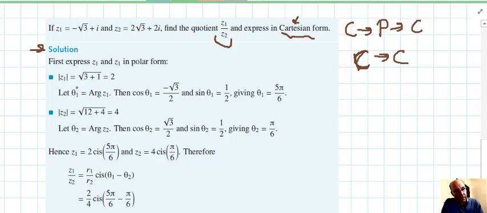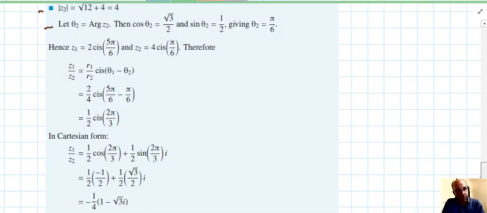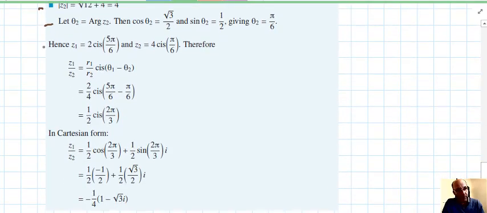So what happens here, using our known formulas and rules, we convert z1 and z2 into polar form, and we've seen that previously. Once they're in polar form, we have this line here, and we apply basically the rule we've just established, and we get a half cis 2 pi on 3, and then convert back to Cartesian form.